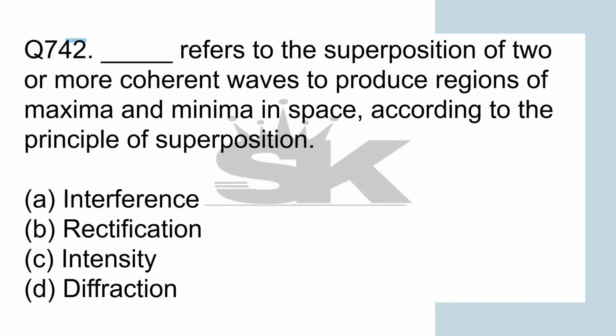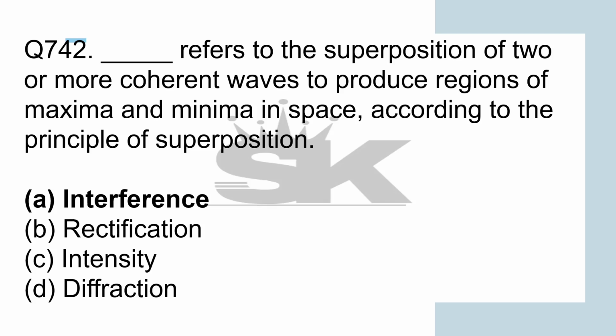Each of the following refers to the superposition of two or more coherent waves to produce regions of maxima and minima in space according to the principle of superposition. Okay. So here the answer is interference.